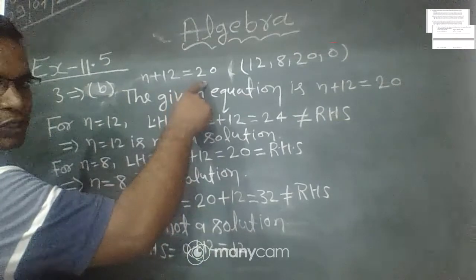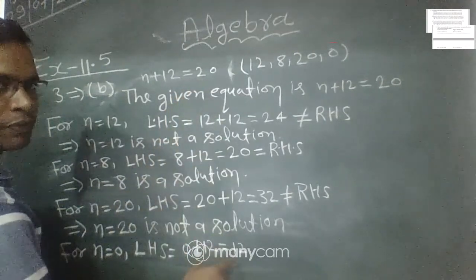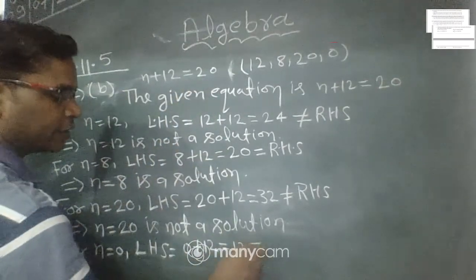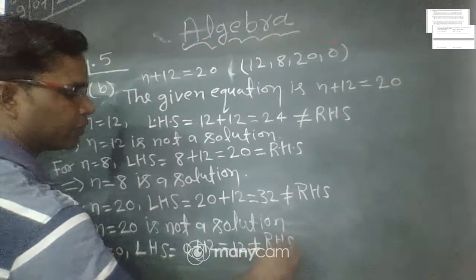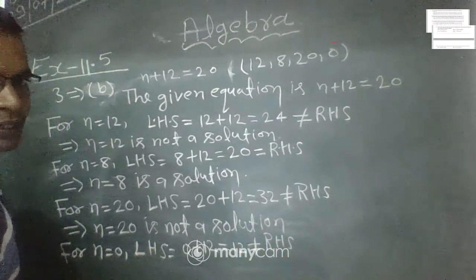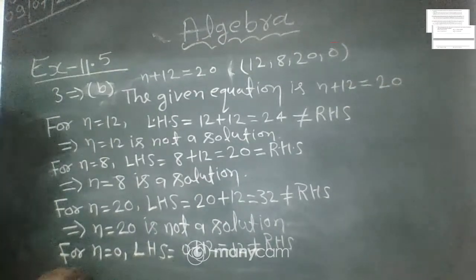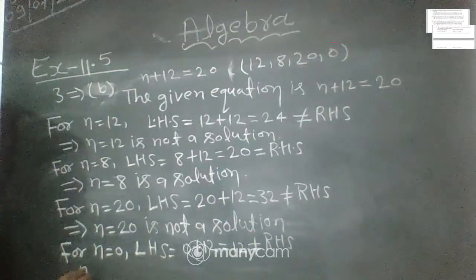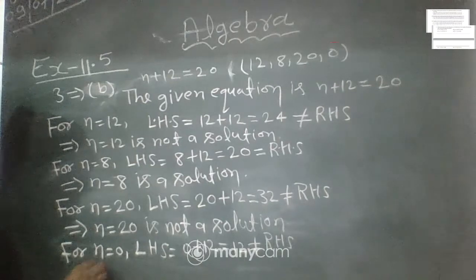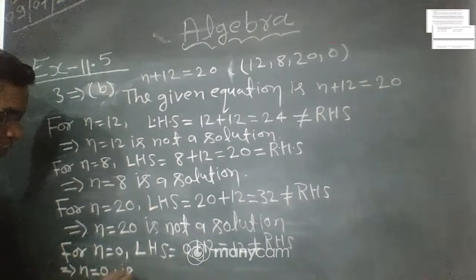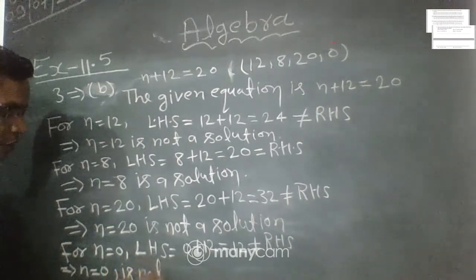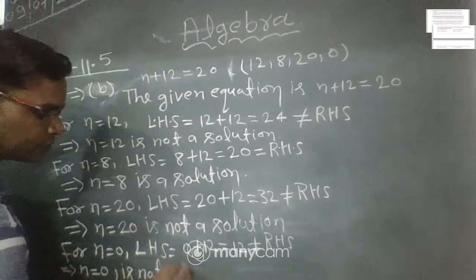But the right hand side is 20 and the left hand side is 12. So this is not equal to the right hand side, and this implies that n is equal to 0 is not a solution.